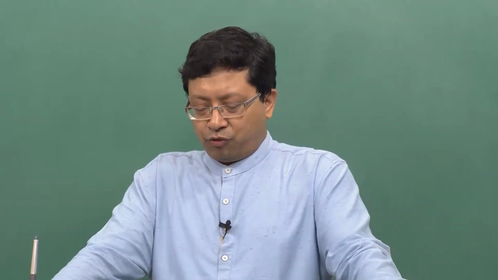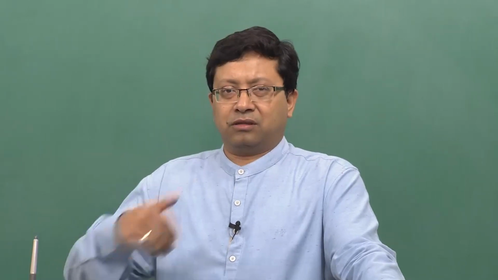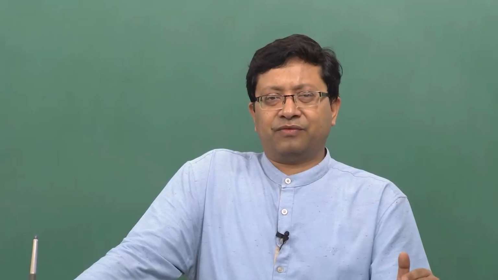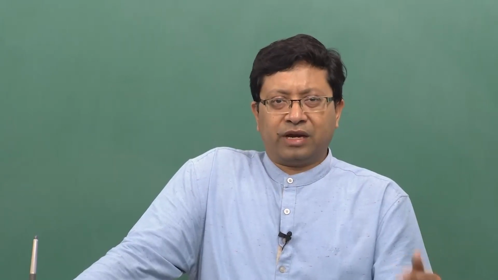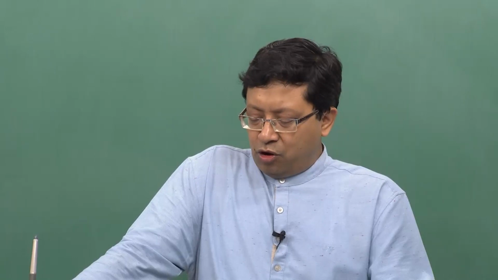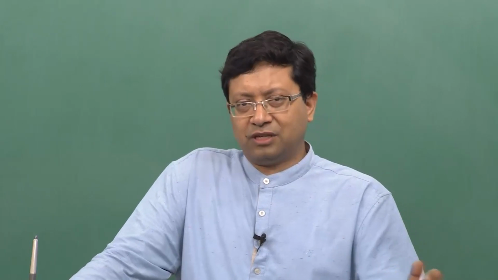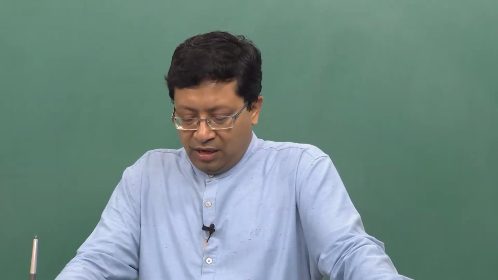So, mistake-proof processes should be in the schedule, such that if some mistakes occur, people know how they can be rectified. Then you monitor and control the critical processes, and take a very minute study of what the critical processes are, how they affect the overall production, how they affect the overall services, how quality can be affected, and you make a detailed study of that.